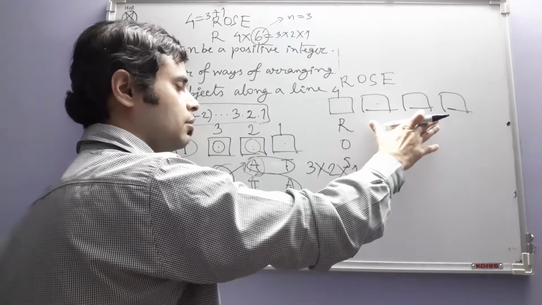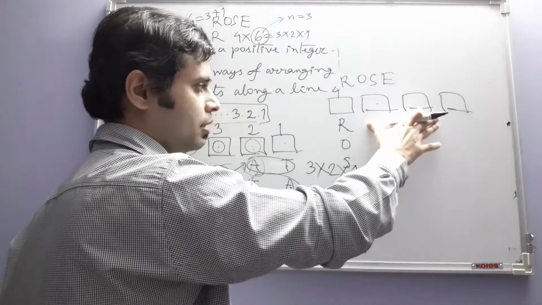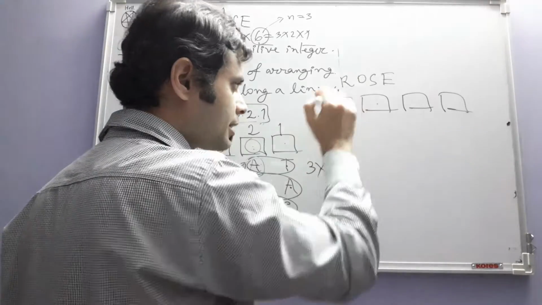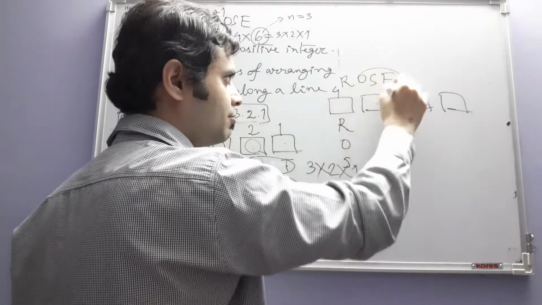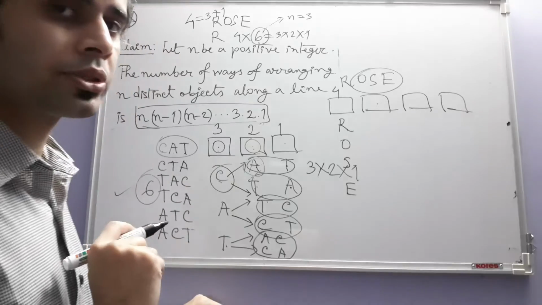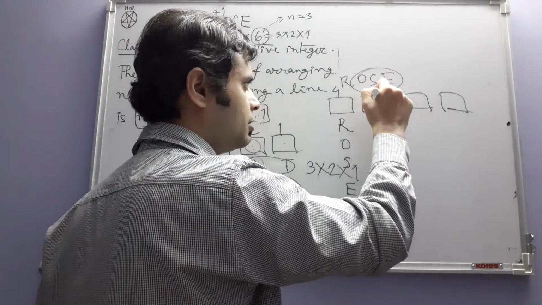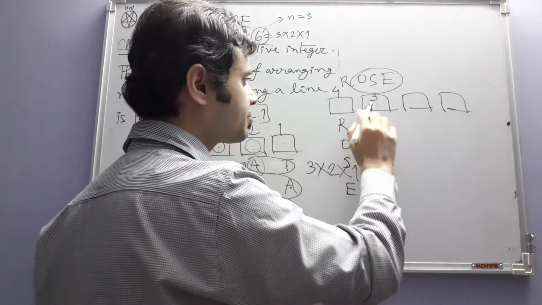Now we are trying to think of it in a more elementary manner. Once I have chosen R, then I am left with 3 more things. Out of those 3 things, for this I have 3 possibilities.